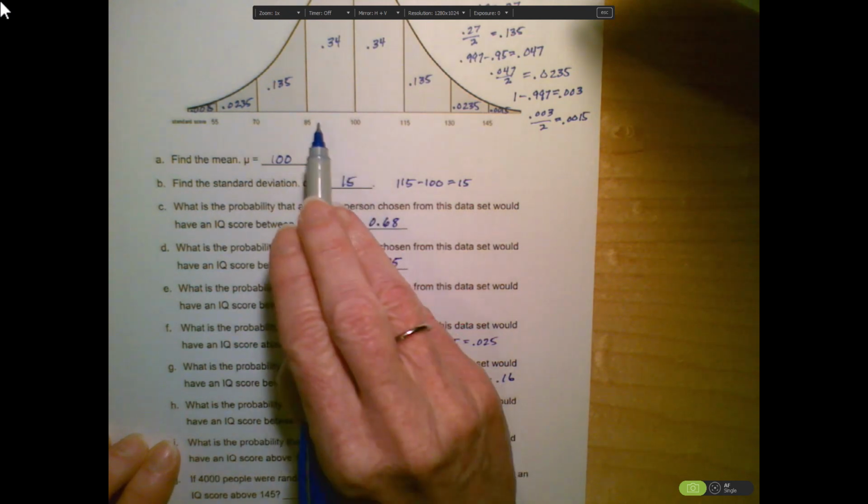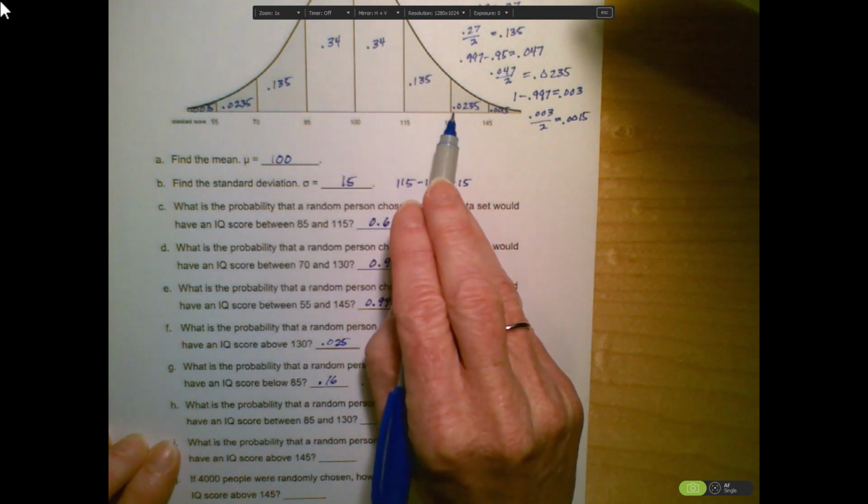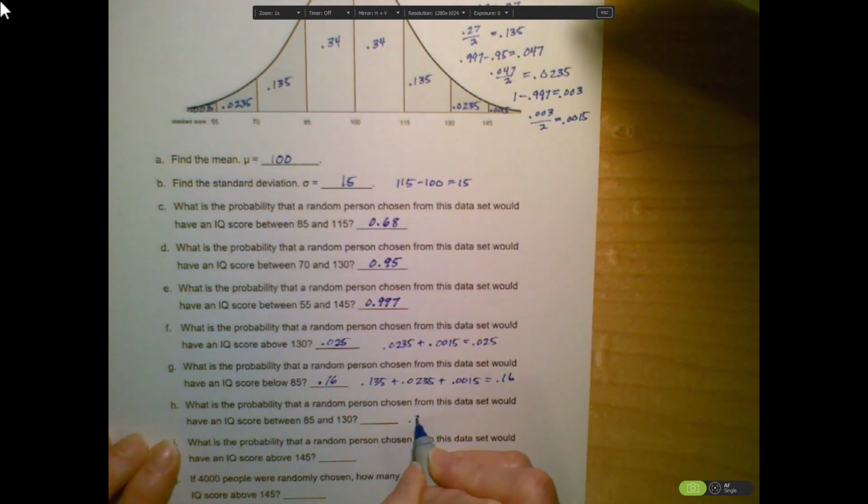Okay. In H, it says, what's the probability that a random person chosen from this data set would have an IQ score between 85 and 130? So that's going to be 0.34 plus 0.34 plus 0.135, right? And that's 0.815.